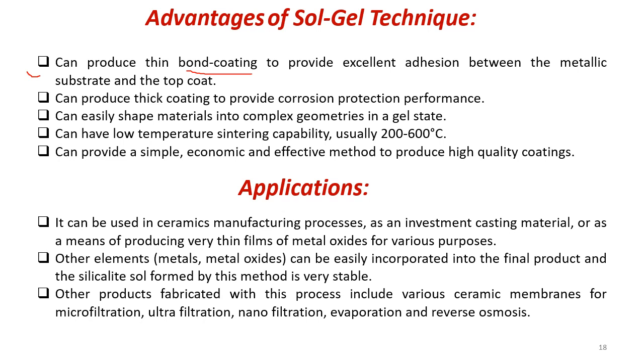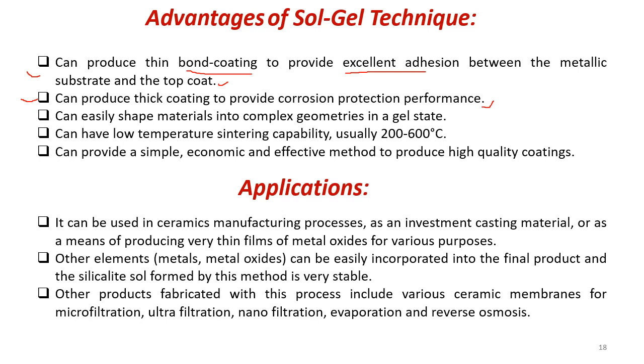So they have an excellent adhesion between the metallic substrate and the top coat. Because of this unique property, we are able to create thin bond coating, and they can produce thick coating to provide corrosion protective performance.